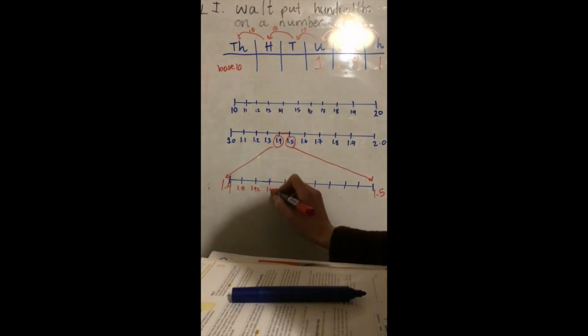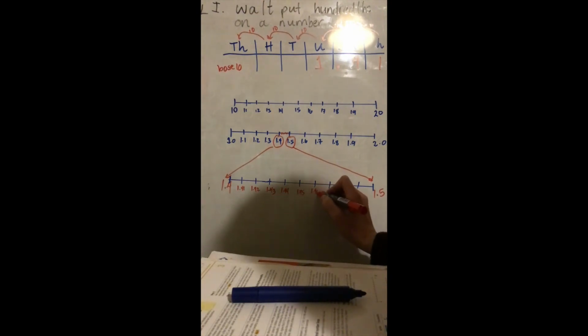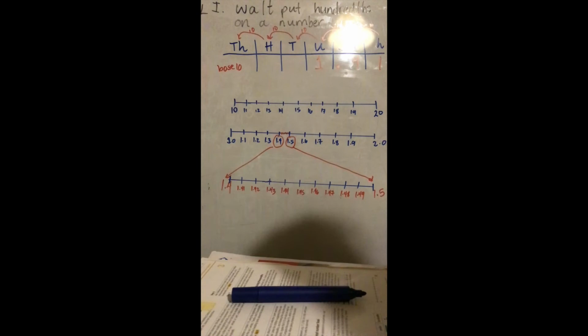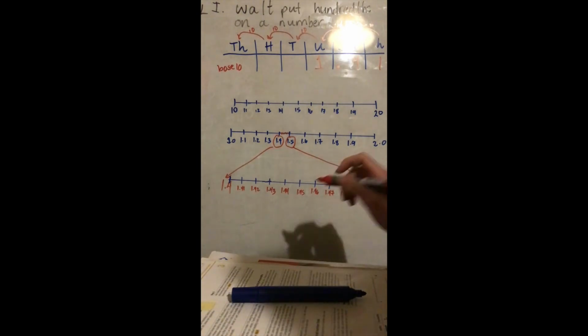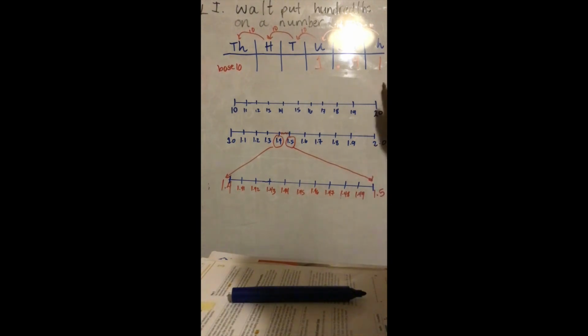Okay, 1.43, 1.44, 1.45, 1.46, 1.47, 1.48, 1.49, and 1.5. Okay, so this is how we plot hundredths on a number line.